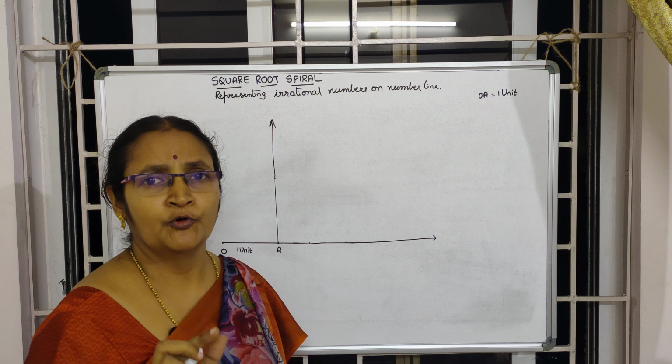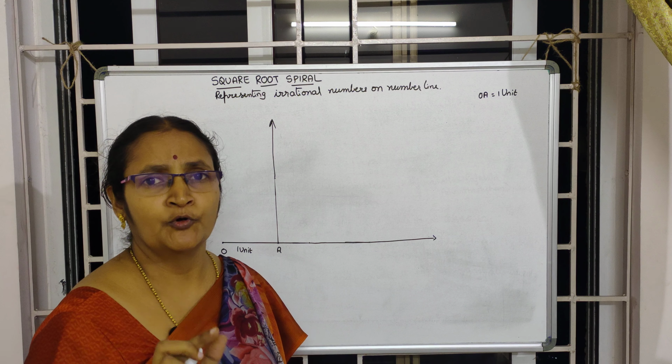Now, taking O as center and OC as the radius, draw an arc which touches the line at a particular point. This indicates root 3. Got it?